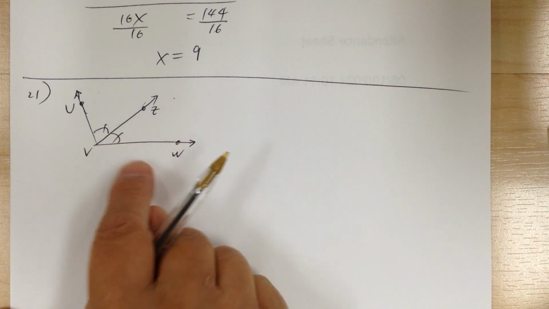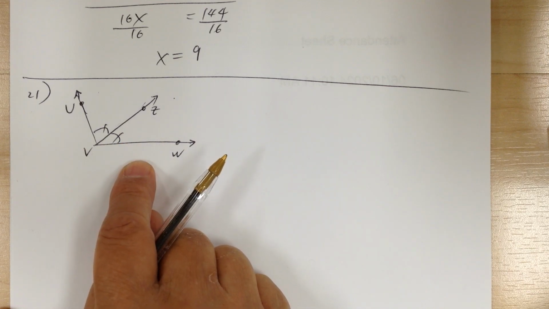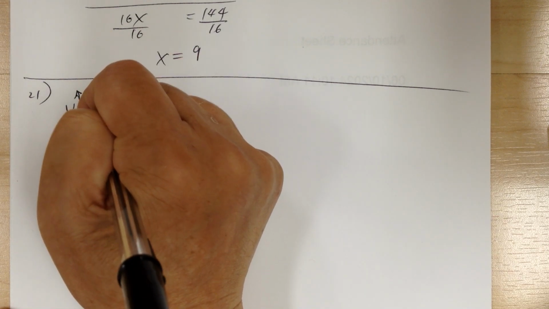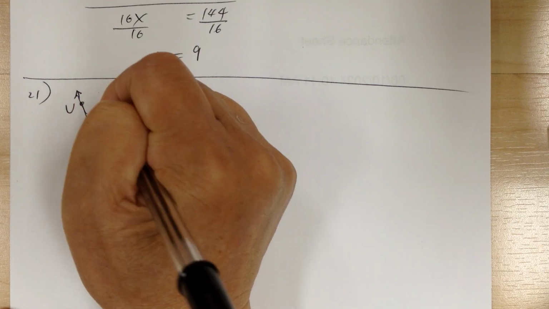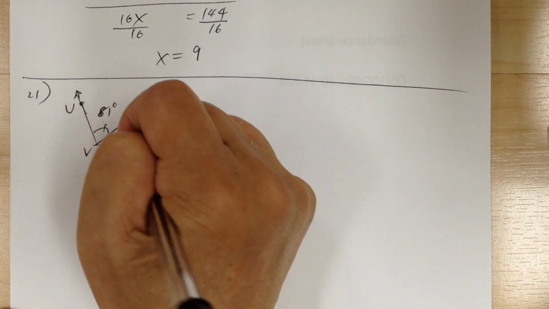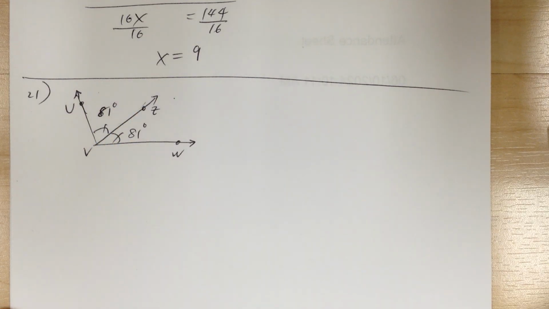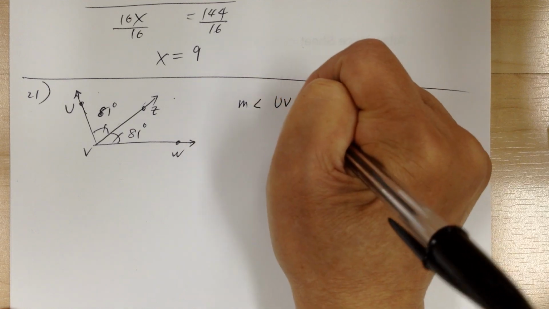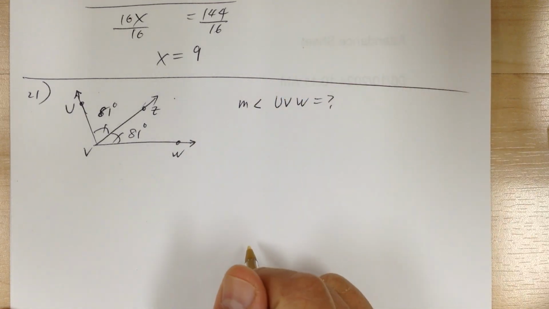So that's the picture, and then it says the measure of angle UVZ. So UVZ is equal to 81 degrees. Well, if this is a bisector, the two angles are equal. So if this is 81, this would be 81 also. And you're looking for the measure of angle UVW and classify.